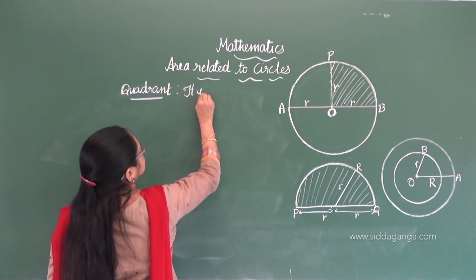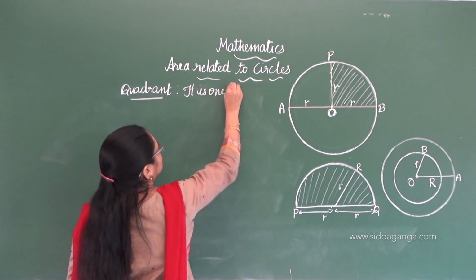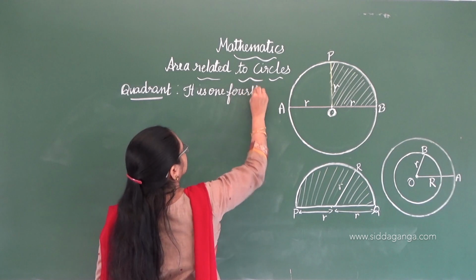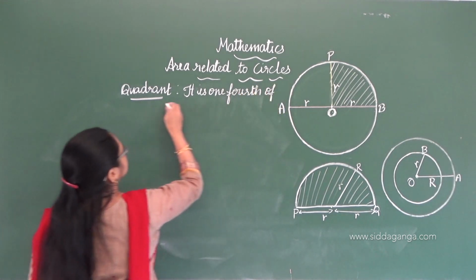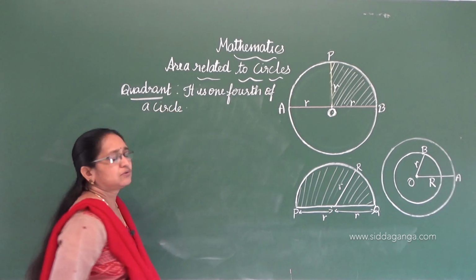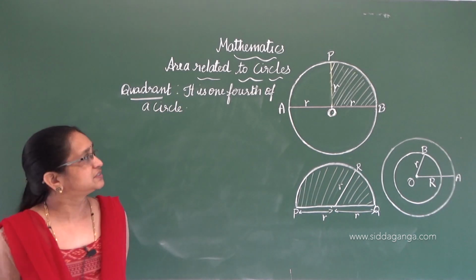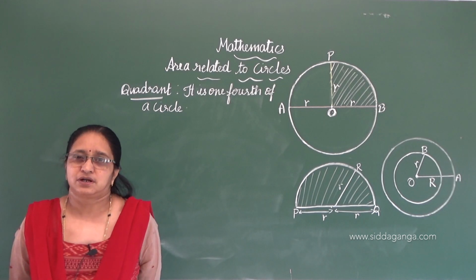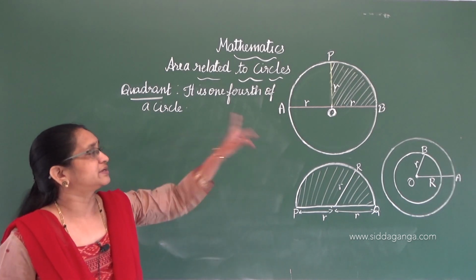Okay. Now it is 1/4 of a circle. Now, how to find out the area of the quadrant?